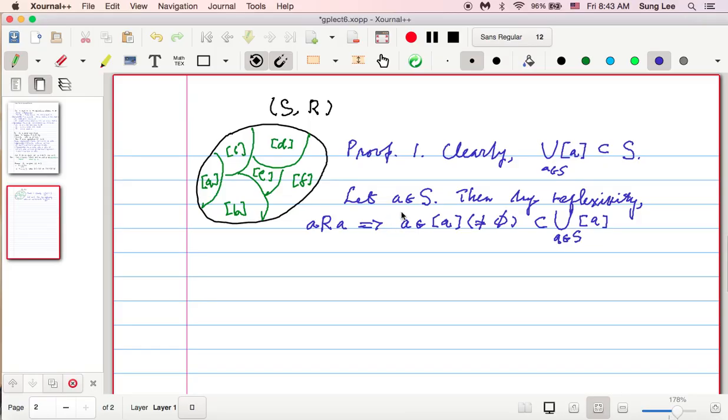Maybe I could have done a better job by picking a different letter, B or C, as long as you can distinguish.